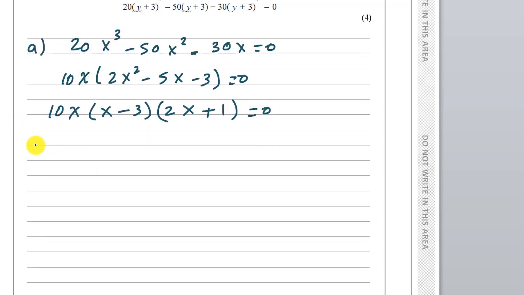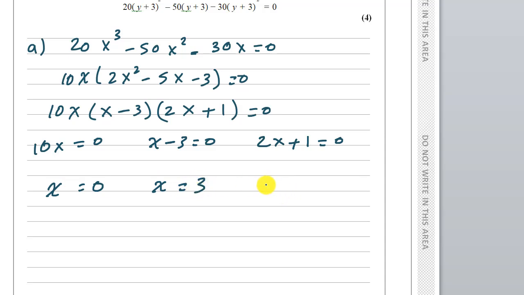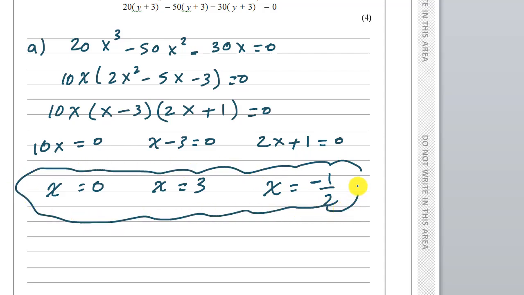So 10x is equal to 0, x minus 3 equal to 0, 2x plus 1 equal to 0. So x equal to 0, x equal to 3, x equal to minus half. And this is the answer of this question. Let us go ahead to another part.